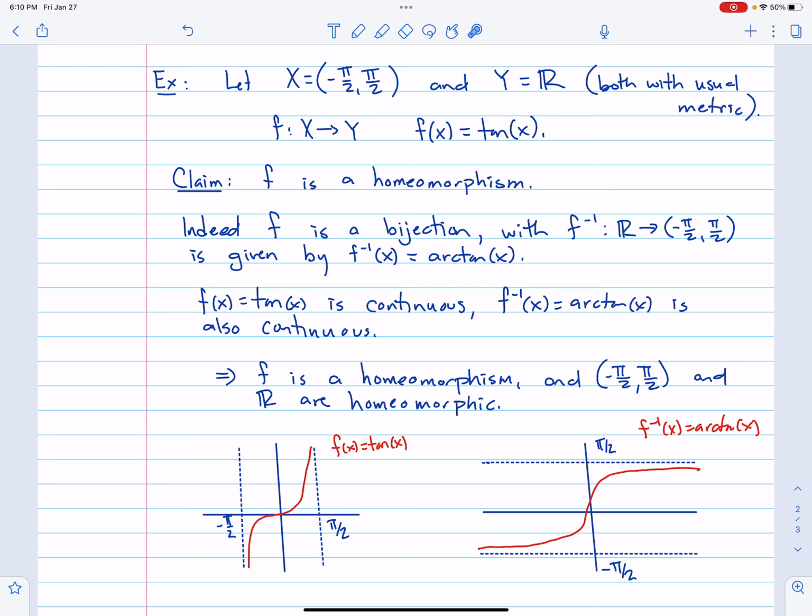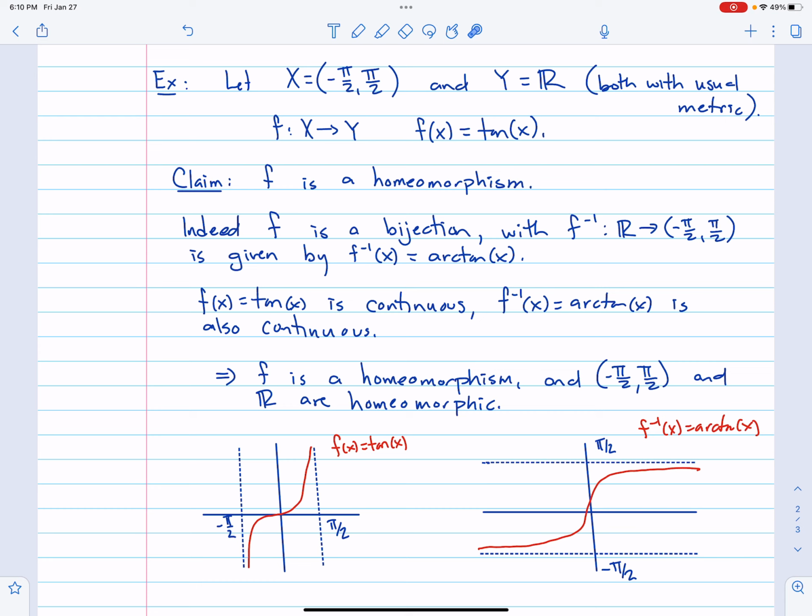Essentially this tells us that even though one is of finite length and one goes to infinity, we think of these two spaces, at least on the level of open sets, on the level of the topologies, as the same, which we'll talk about more later.